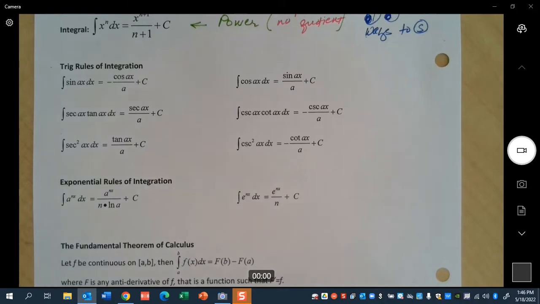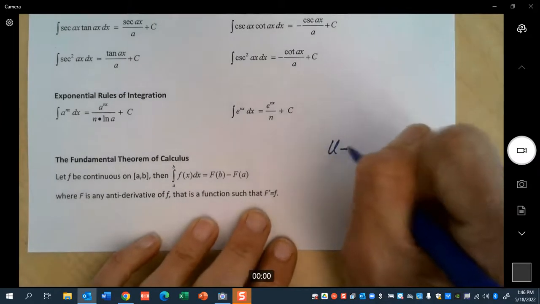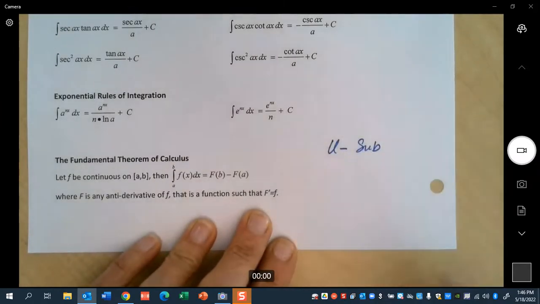The only thing that I really want to add, we'll talk about the fundamental theorem of calculus in a minute, but I want to also take a minute and talk about U substitution.